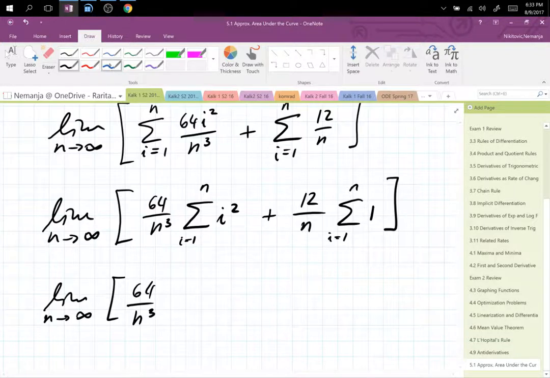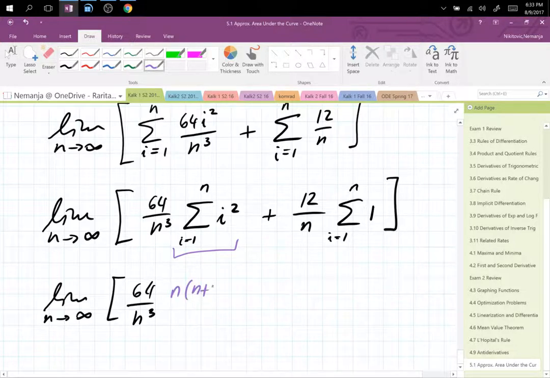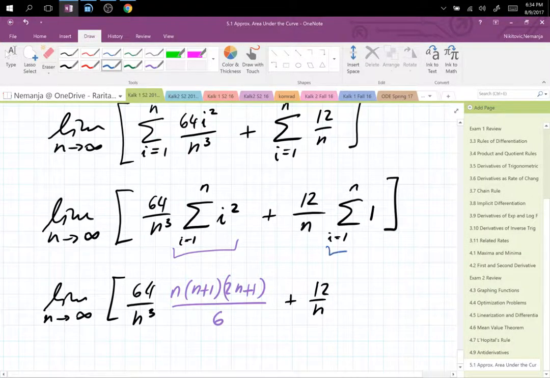So this sum is going to be n plus 1, 2n plus 1 over 6, plus 12 over n. And the next summation here, using the formula, is cn, so that's 1 times n, so it's just n.